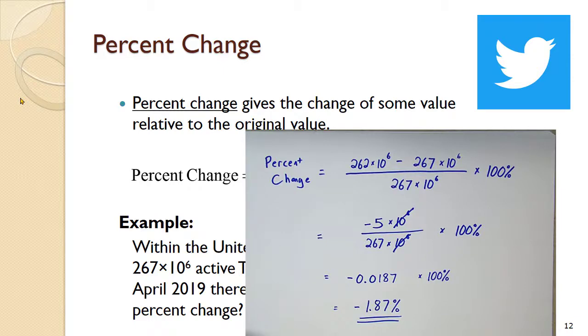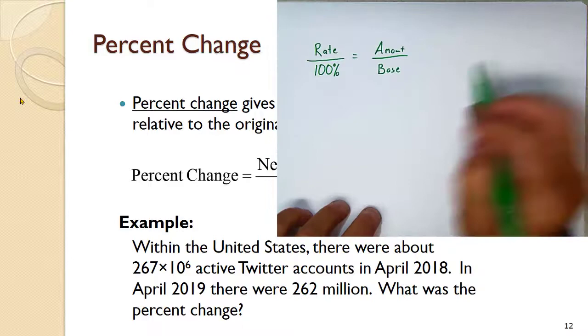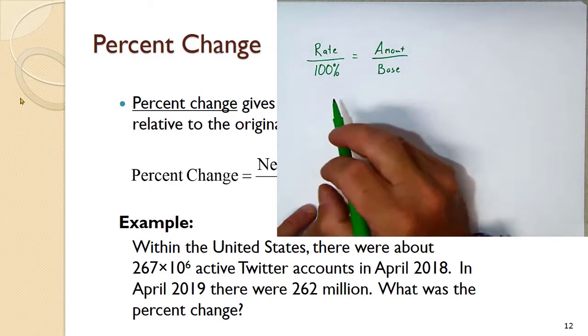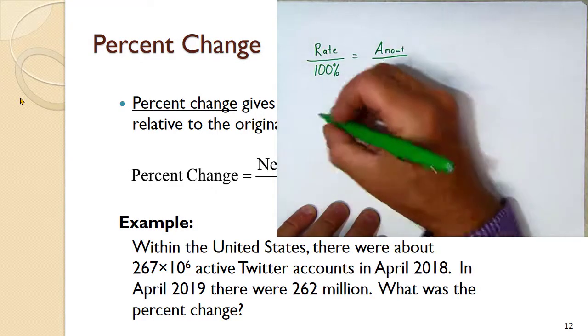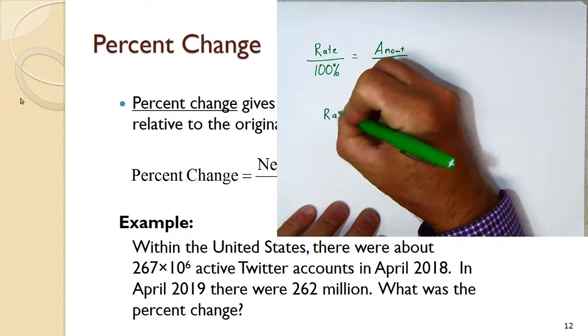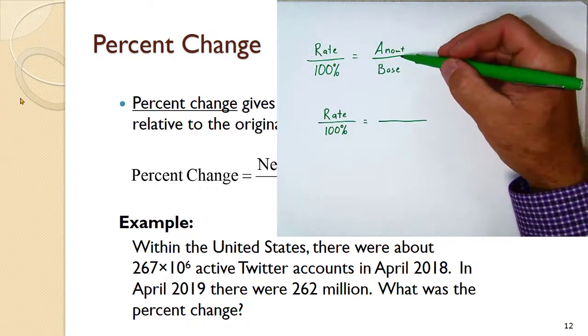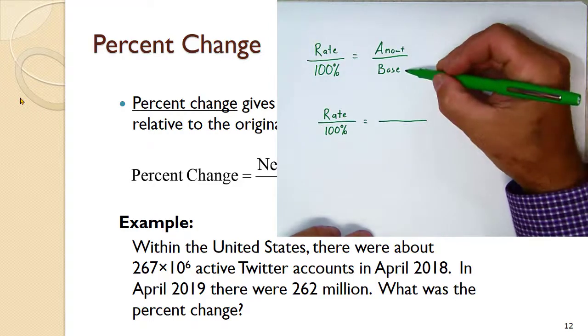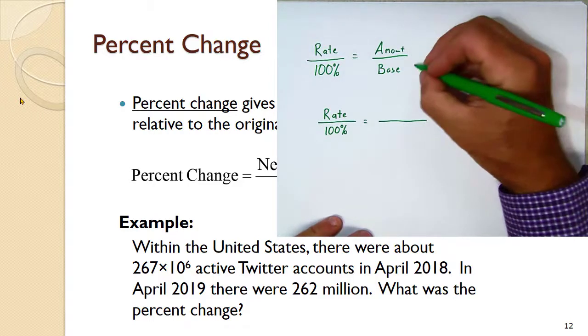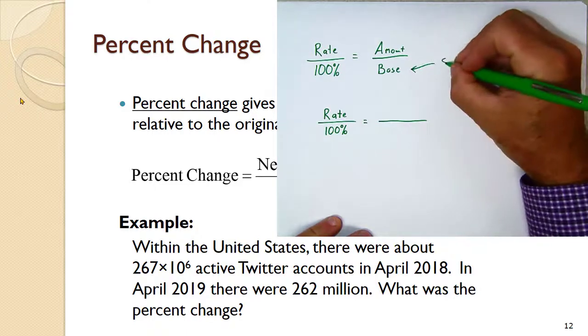Now let's solve that one more time, but let's take a slightly different approach. Okay, if we use the proportion on this, clearly we're asking for percent change, so that tells us that we're trying to find the rate. That'll be our unknown. And as far as our amount and base goes, the base is always the starting value when things are changing, and that's exactly what happens here.